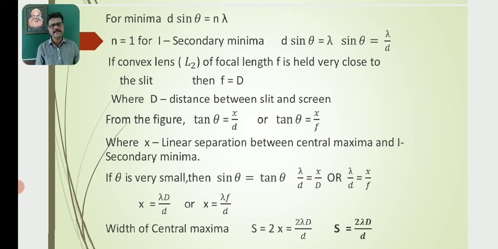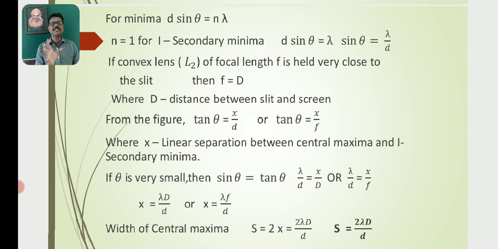If sin theta is approximately equal to tan theta, then lambda by small d is equal to x by capital D, where D is equal to f, so that lambda by d is equal to x by f, where f is the focal length of the lens L2. Then x is equal to lambda f by d.